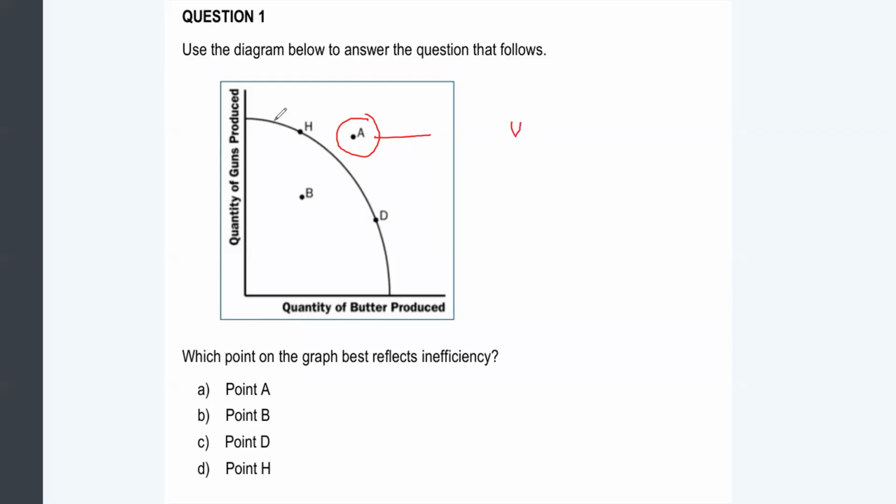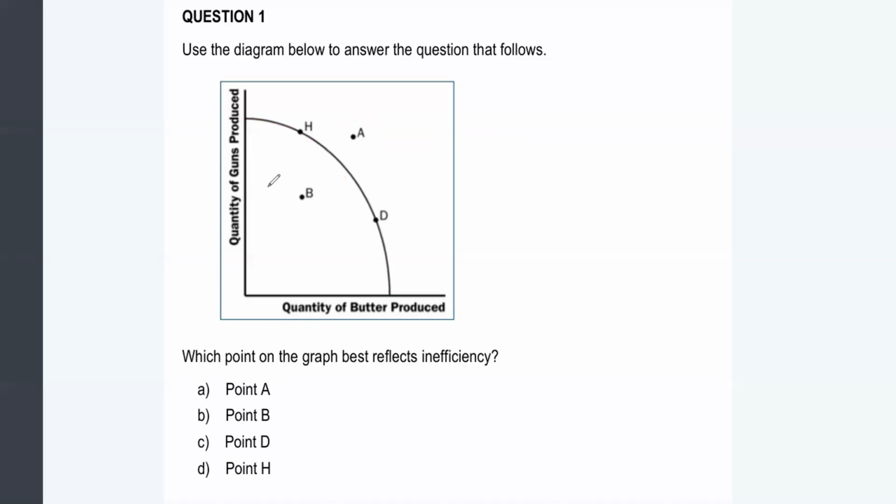We already reached the maximum production. Yes, I like that. So this line here represents the maximum production possible if we use all of our resources. So we cannot produce at point A because we have reached our maximum production possible.